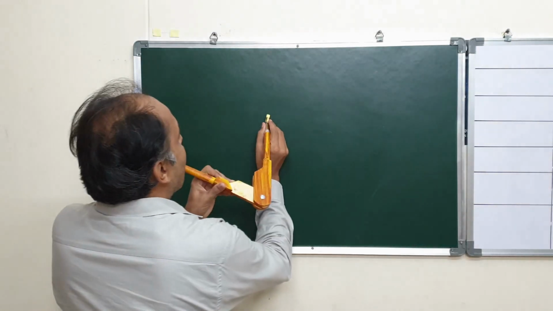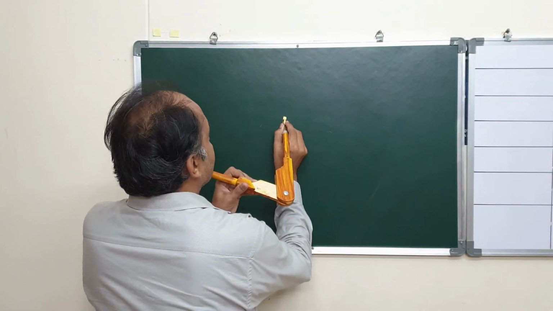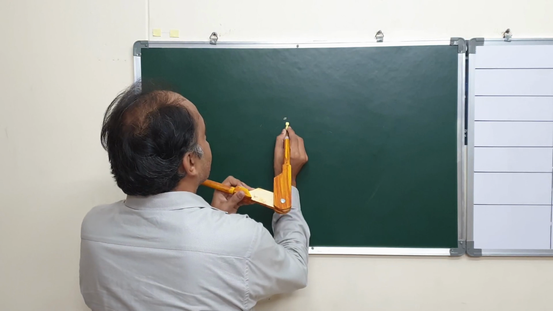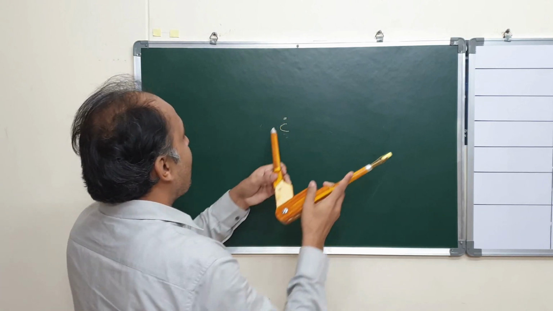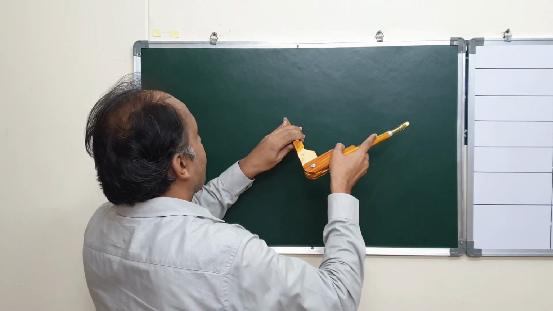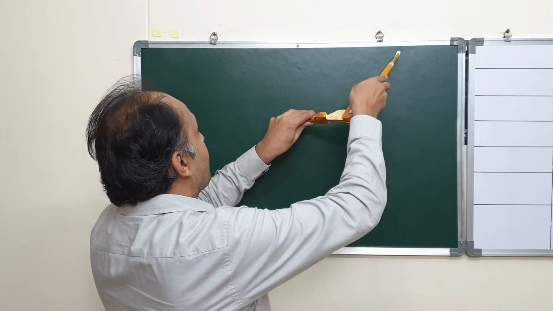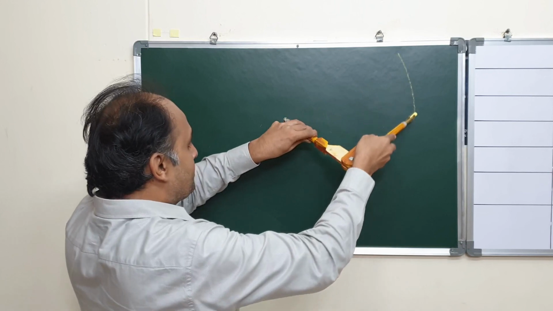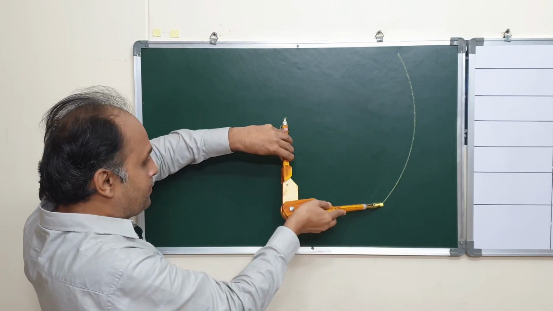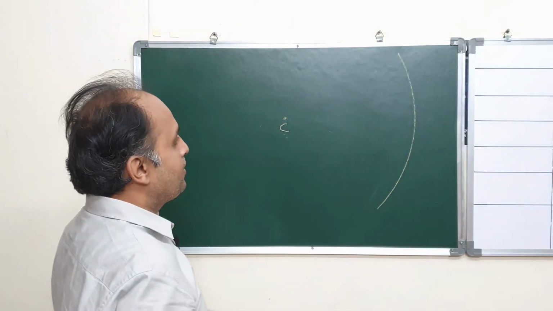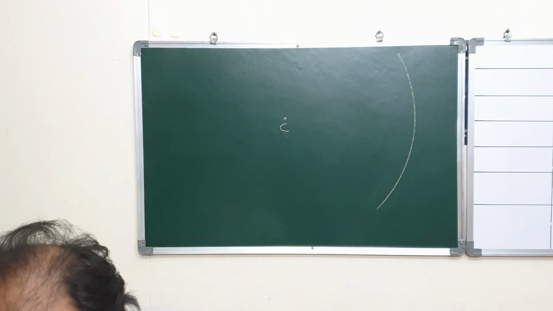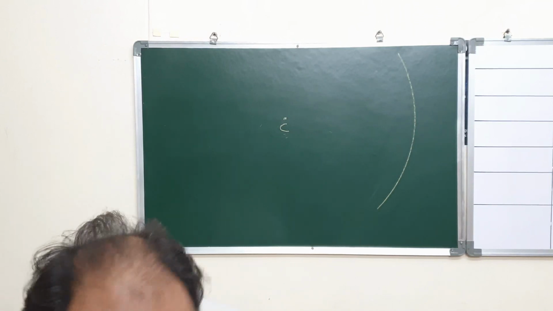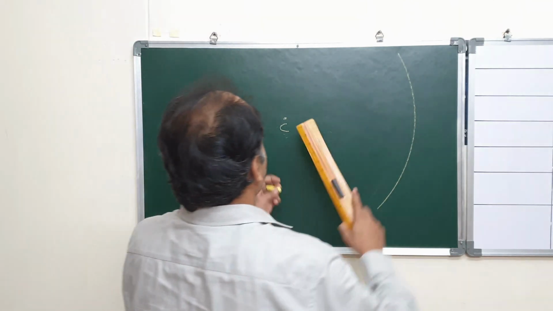So first we will mark the center of curvature, and then we will place the needle of the compass over here, and then we will draw the mirror. So that's the mirror, and now we will take the scale and then we will join the center of curvature to the mirror.